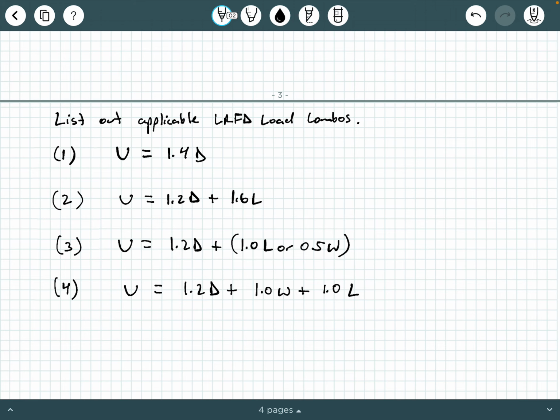Obviously there's more LRFD load combinations than this, but these are the ones that could end up governing because, again, we only have dead, live, and wind. We don't have any of the other load types on here, so we're listing the load combos that have dead, live, and wind, and we've kind of zeroed out some of the other terms that could be in the original versions of these load combos. So now we are pretty much ready to investigate these.